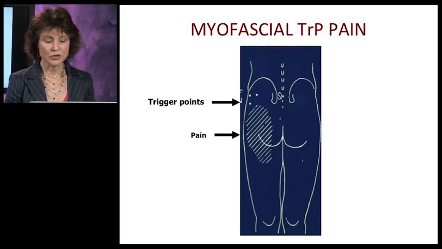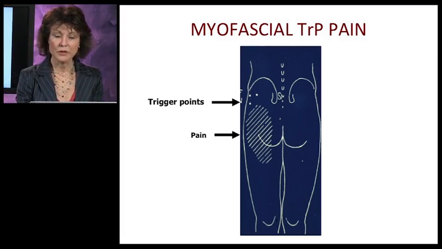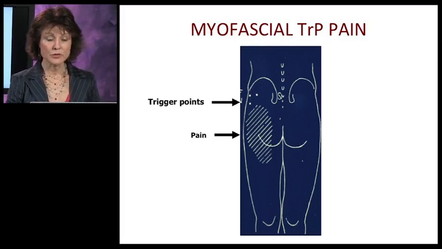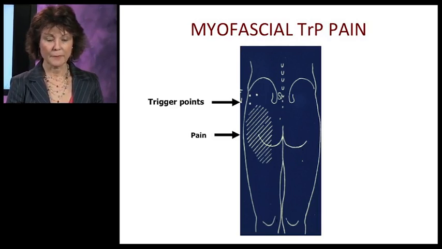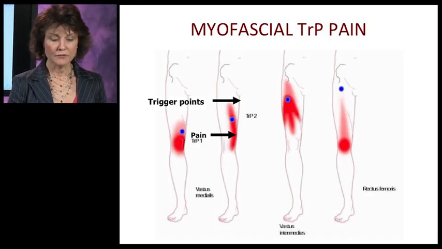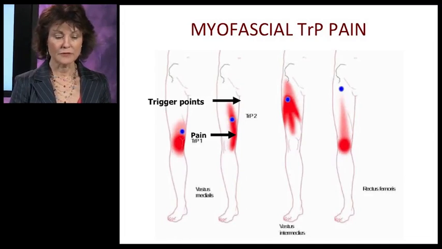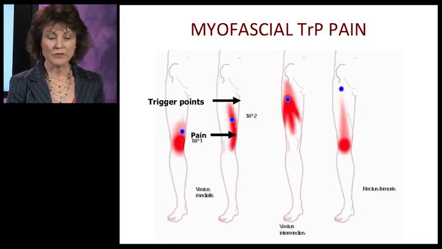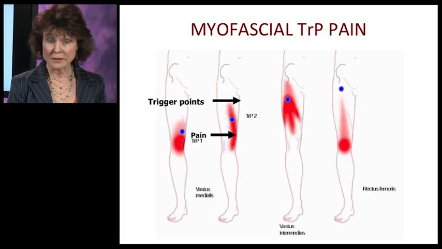Here's a picture that illustrates pain coming from the gluteus medius and gluteus minimus muscles, and these trigger points tend to refer pain into the lower buttock area. Here is a picture of examples of knee and thigh pain coming from various parts of the quadriceps muscle.